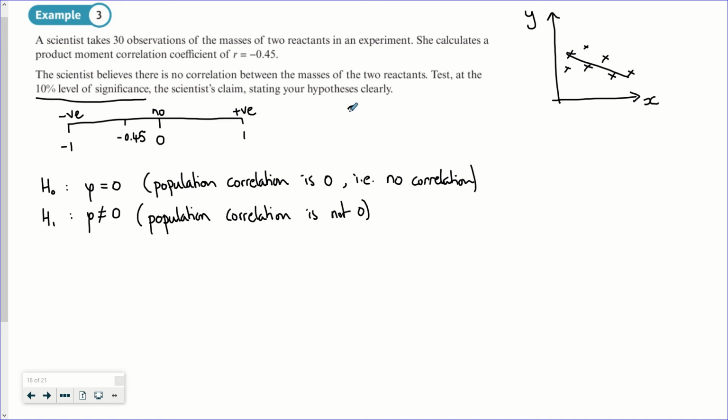So let's write that down. So 5% significance level in each tail. And what I mean by tail in this case is on the left of our scale and on the right of our scale. So we'll bear in mind that our significance level is 5% at each end.